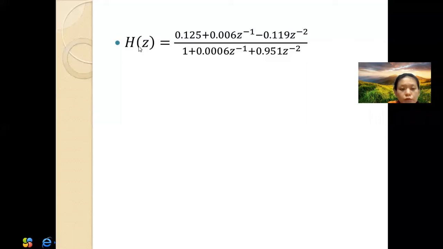Now we will draw these equations into our direct form 2. For the first, we draw the denominator, and then we draw the numerator. So we will have an input x[n] or X(z), and we go inside. First we put one dot.